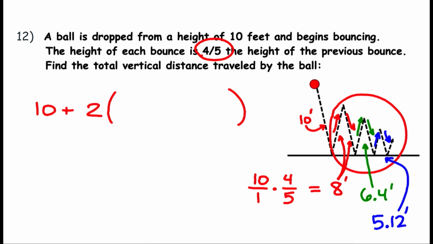So anyway, let's figure out what this all adds up to. I have the 2 out front. So basically we're adding an 8 plus a 6.4 plus a 5.2 and so on and so forth. What does that add up to?